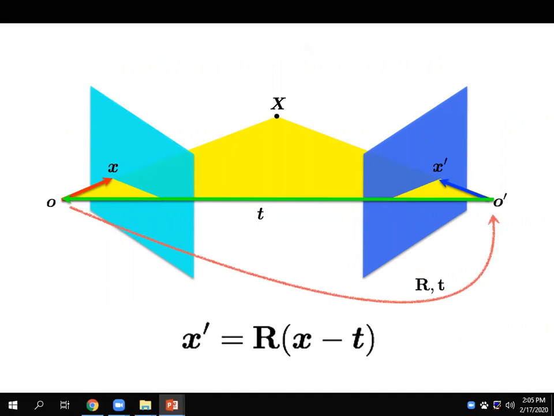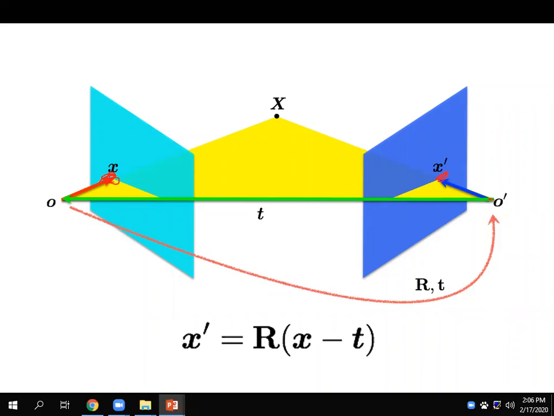Okay, so just to recall, if we were to map a point to another point, if we were to say, hey, this is the X dash and this is the X, how can I get the X to the X dash? Or in another sense, how can I map this X to the new coordinate O dash? Do you remember when we did this earlier?